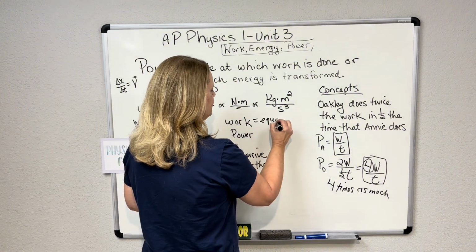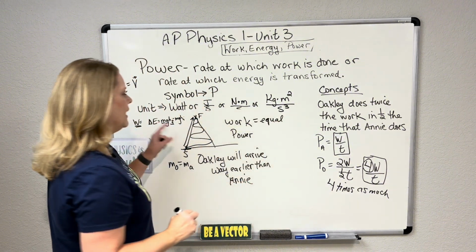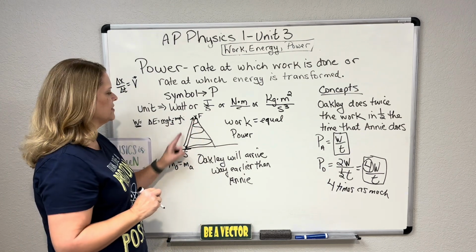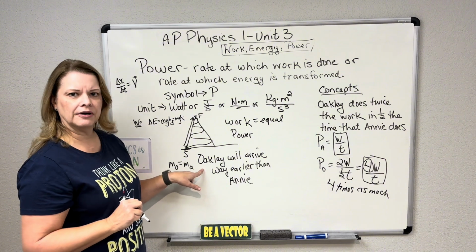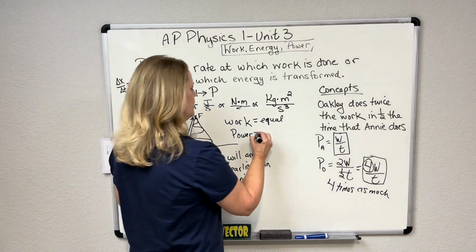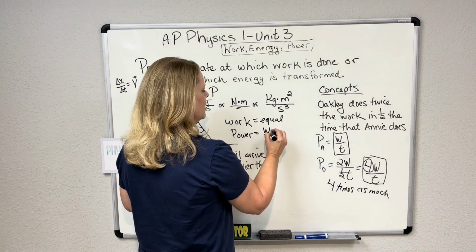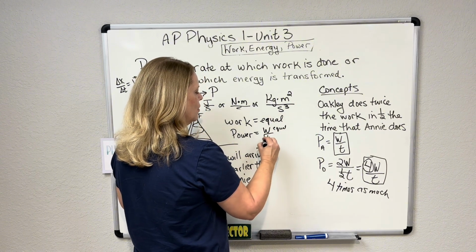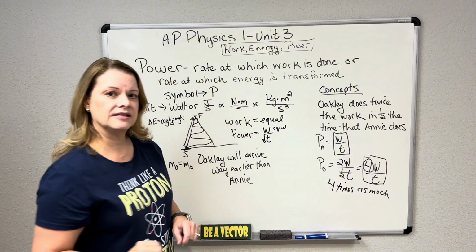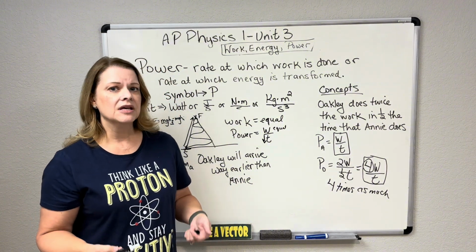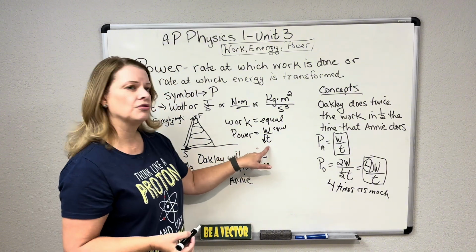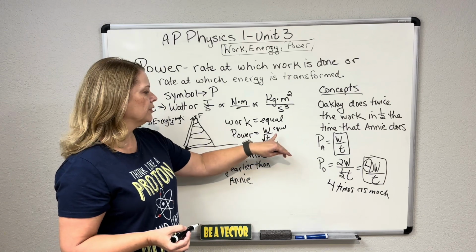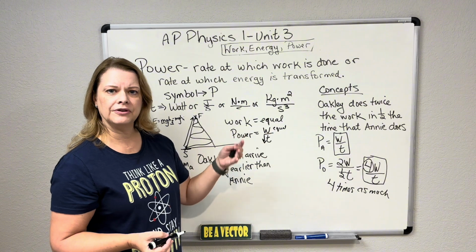However, Annie takes way longer getting to the top. Oakley speeds to the top and Oakley beats her there. So if I did power equals work divided by time, they both have equal work, but Oakley's time is less. It took her less time to get to the top. Well, when you decrease a denominator, your overall number is going to increase as long as this numerator stays the same.